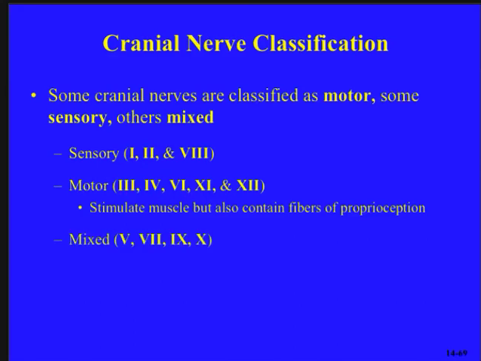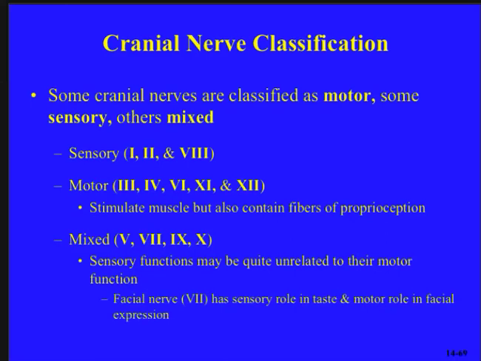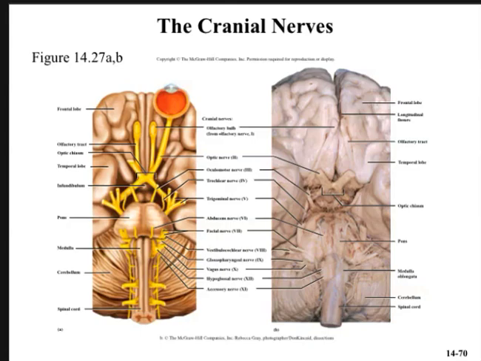And the mixed nerves are 5, 7, 9, and 10. Their sensory functions are often quite unrelated to their motor function. For instance, the facial nerve, which is cranial nerve 7, has a sensory role in taste and a motor role in facial expression. So let's start with cranial nerve 1.